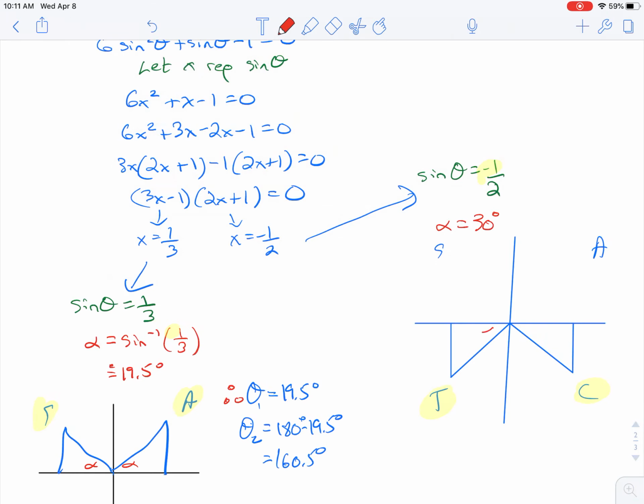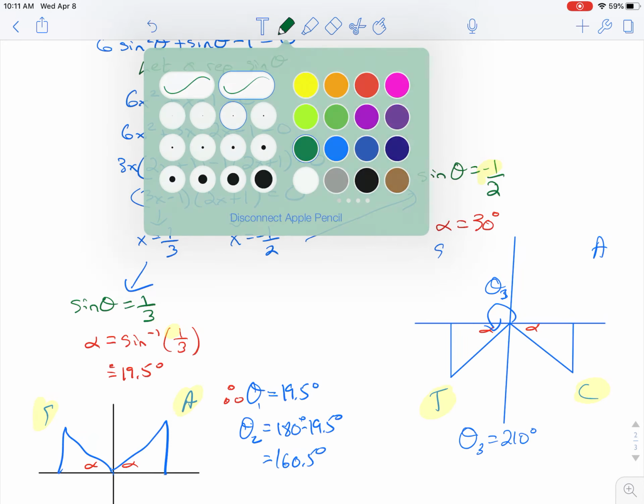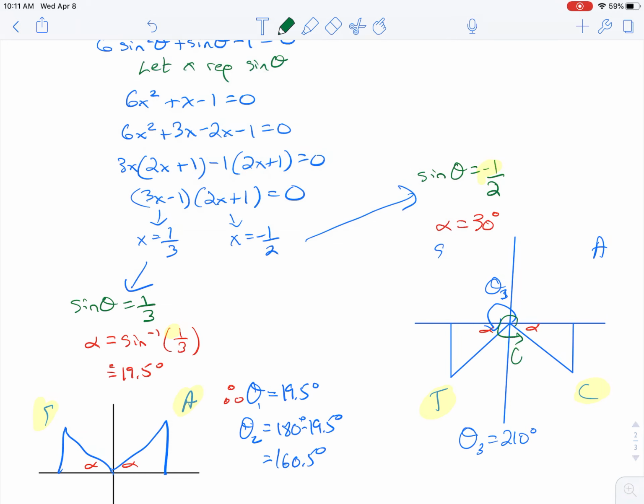I'll take my time. I was ashamed of the last drawing. So this one, we get alpha in here. And so we have, let's call that theta 3 since we've already had one. So theta 3 equals 210, or 30 plus 180.